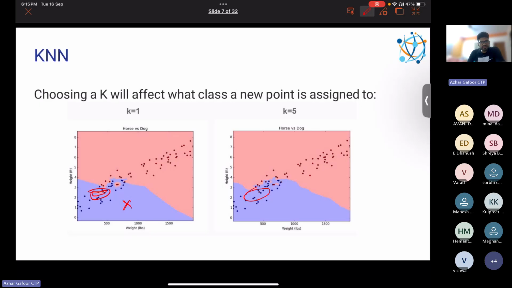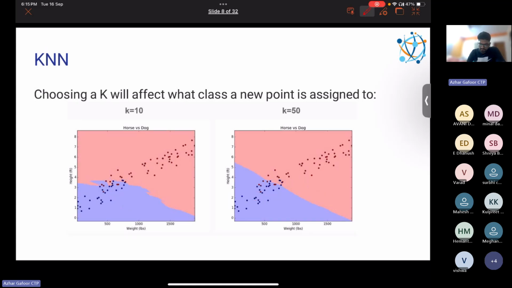So this is how the feature space is divided among the two classes when the number of nearest neighbors is increased and decreased. And again, if the k is increased to 10, it again changes. Then when k is changed to 50, we can see a clear separation. So it's almost like a straight line.